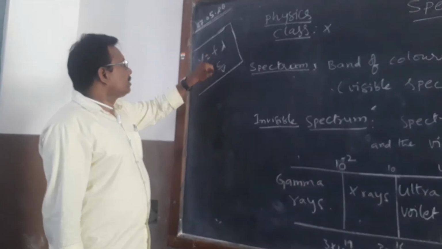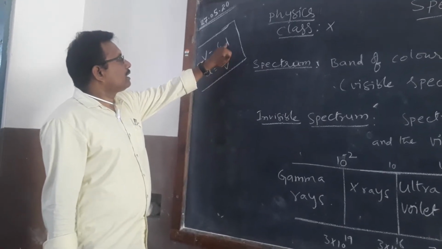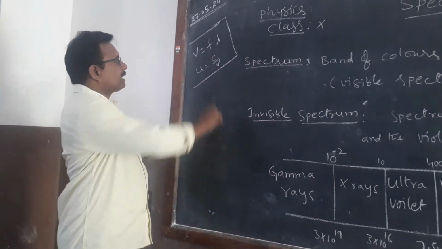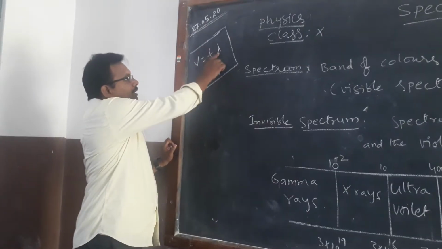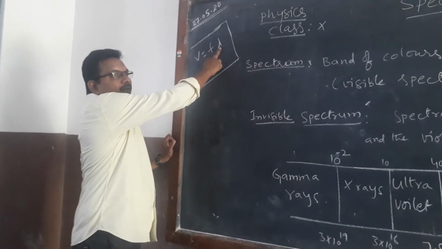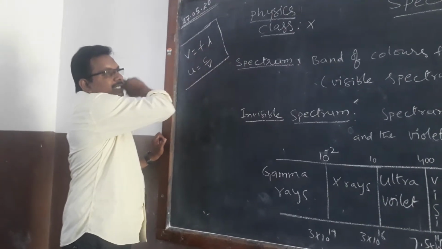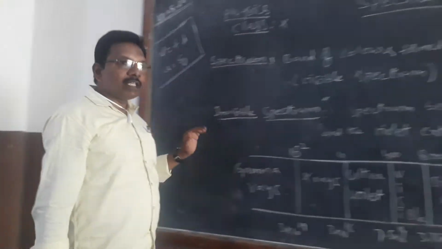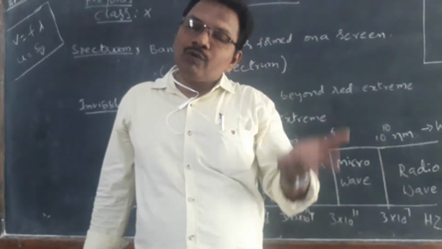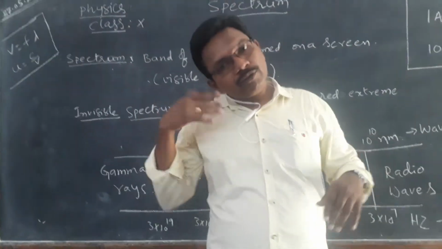Similarly, if you see that V is equal to F lambda, now when lambda and velocity are in direct proportion, when wavelength increases, velocity increases. When wavelength decreases, velocity decreases. By that we can understand each color has its own wavelength, and because of the own wavelength, the velocity is also different.